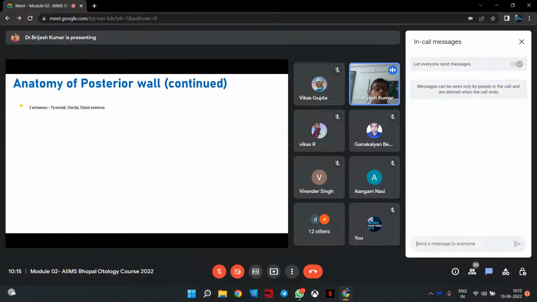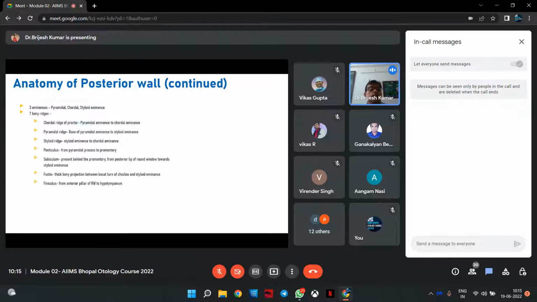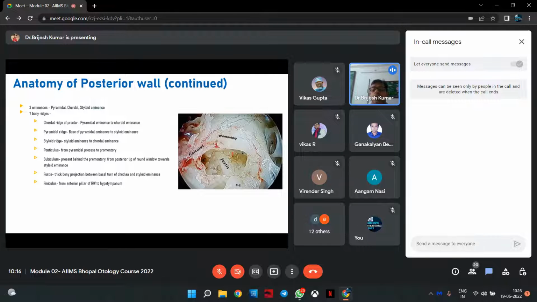Apart from this, the posterior wall also shows several bony ridges and one more eminence, the styloid eminence. This is the picture, an endoscopic figure. That's the styloid eminence, and these are the bony ridges: the chordal ridge of Proctor, which is between the pyramidal eminence and the chordal eminence, the pyramidal ridge, which is connecting the base of the pyramidal eminence to the styloid eminence, the styloid ridge connecting the styloid eminence to the chordal eminence.